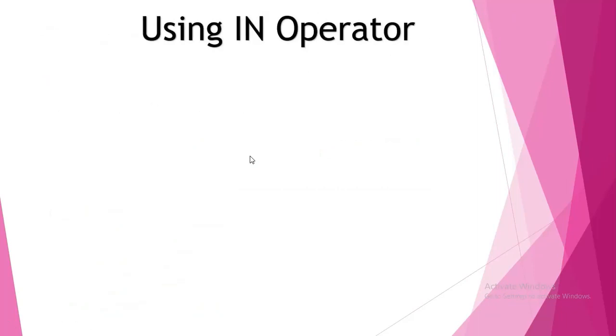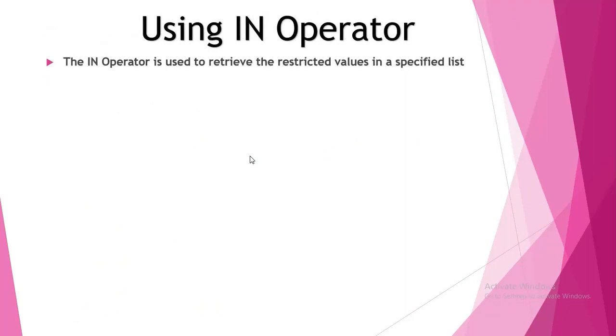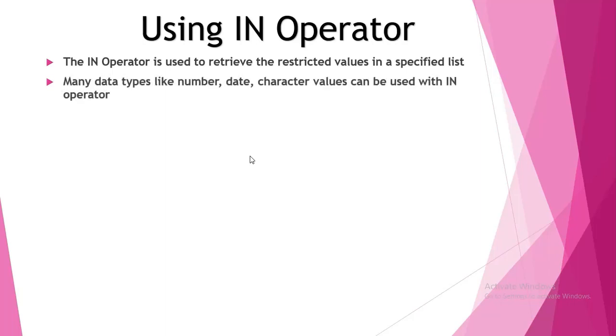Here, using the IN operator. Why do we use the IN operator? The IN operator is used to retrieve values restricted to a specified list. Many data types like number, date, and character values can be used with the IN operator. The order of the specified values is not important.